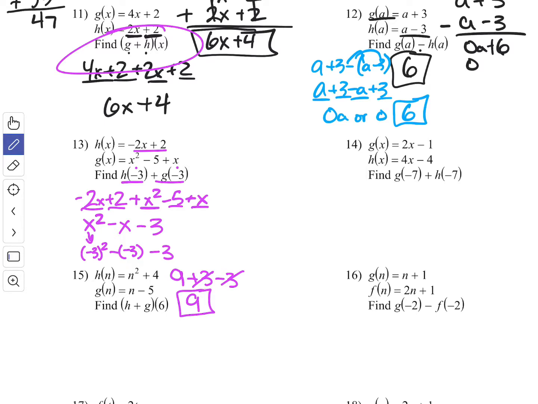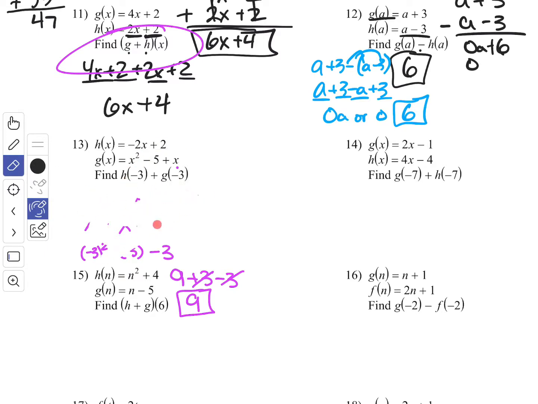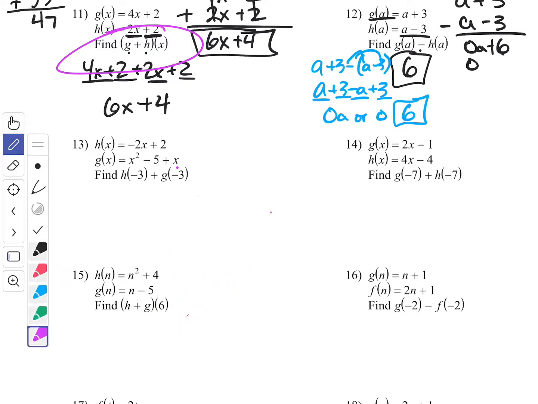The other way to do it is to separately solve these. So let me erase these. You can do it this way, where I'm going to solve for h of negative 3.